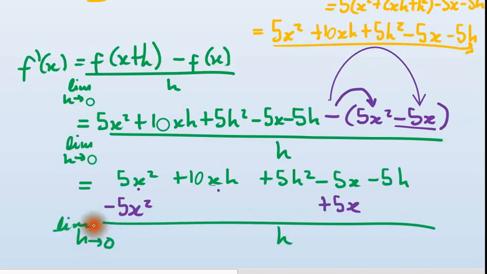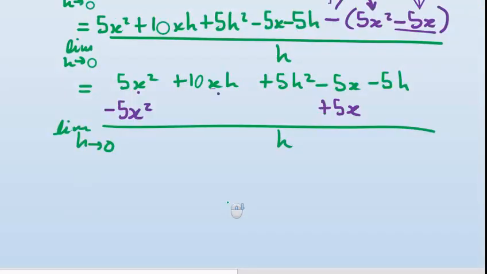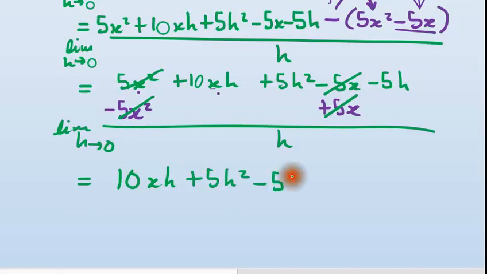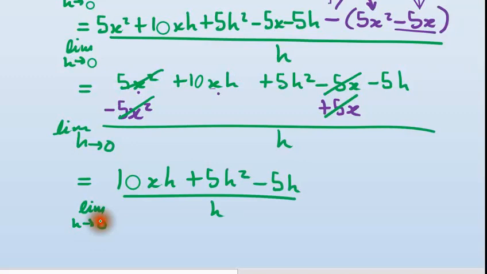That kills that, and that kills that, and I'll be left with 10xh plus 5h squared minus 5h divided by h, where the limit is h approaches 0 always.